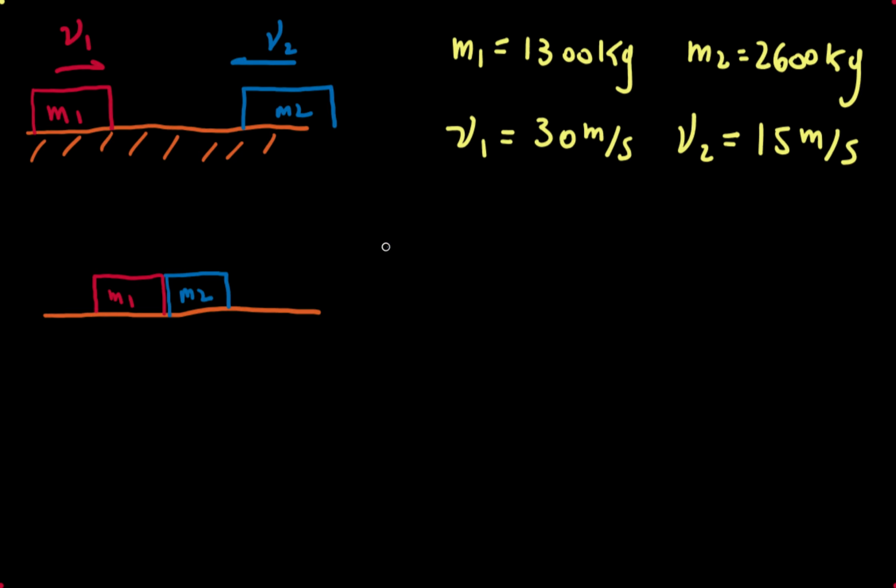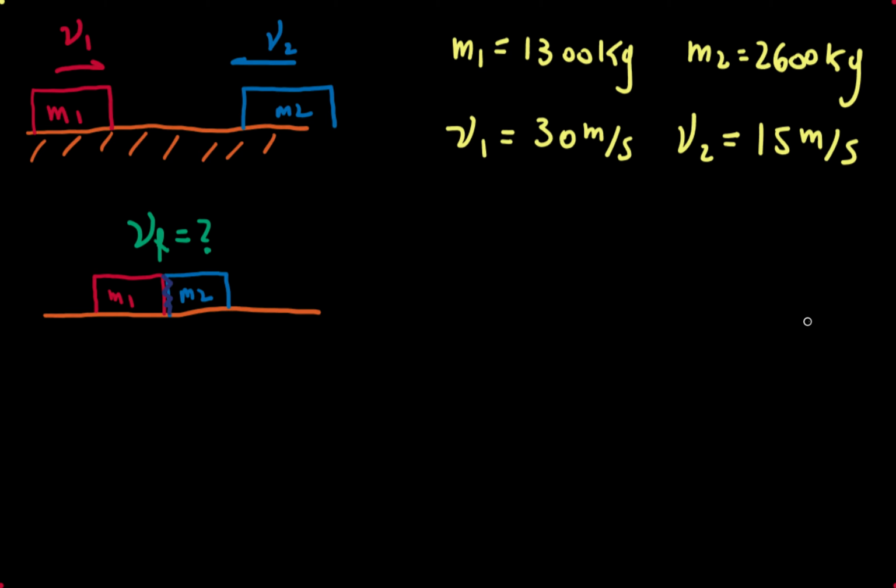And they stick together. So let's say they bend each other out, and so now they're just stuck together. And what I want to know is at what velocity they will move together. Good. You can see this as a small quick review.